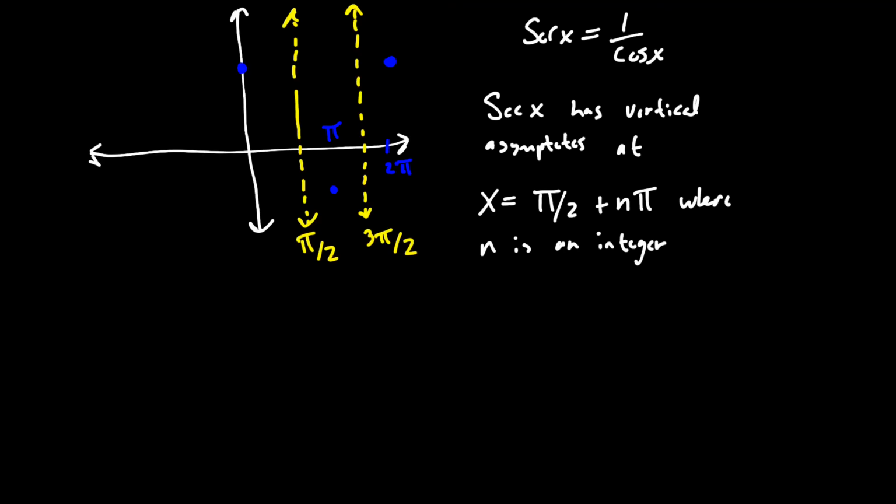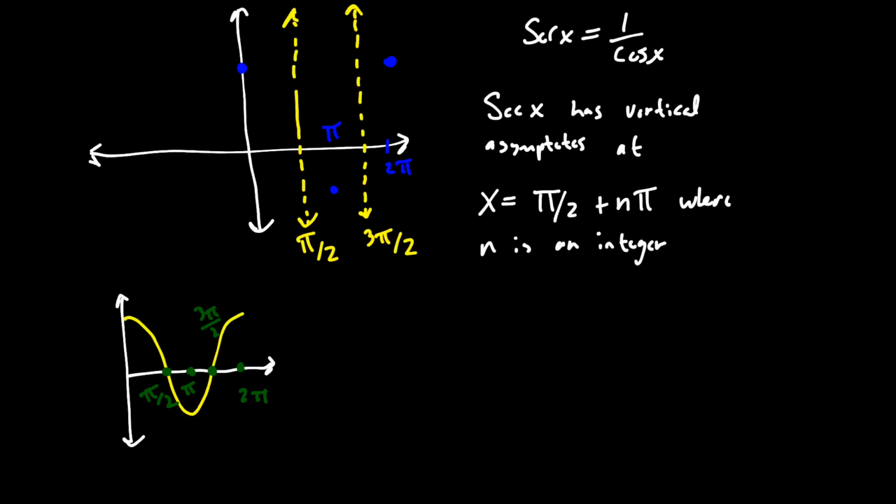To derive the remainder of the graph, we're going to look again qualitatively at cosine x. Again, our secant x has a reciprocal relation with cosine x. So when cosine x gets very small, secant x gets very large.